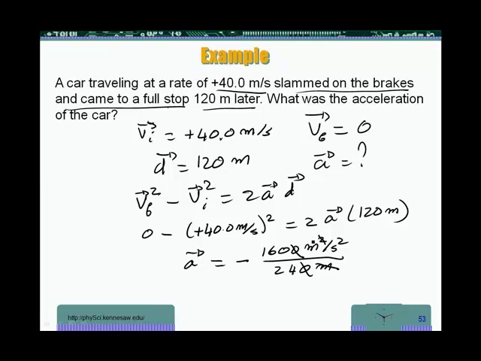Let me make sure. 160 over 24, that makes it 80 over 12, minus 80 over 12 meters per second squared, and then that makes it 40 over 6 and 20 over 3, so it is minus 6.67 meters per second squared. The fact that I found the same acceleration as before made me worry that I have something wrong.